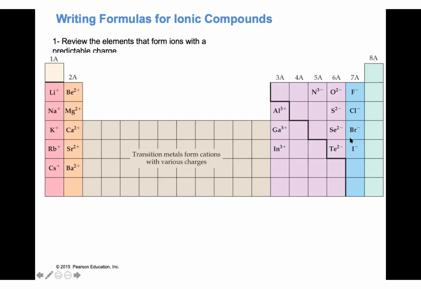Whenever you have metals on the left side of this ladder, they all make positive charges, except hydrogen. Hydrogen makes a positive charge, although it's a non-metal. So that's an exception.